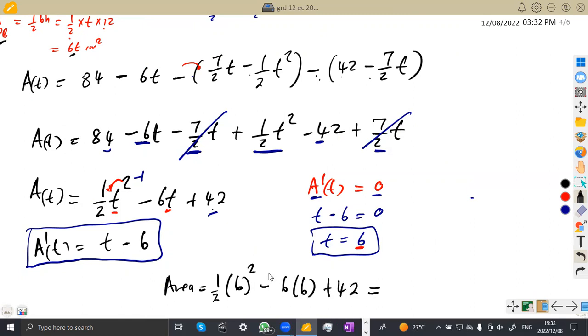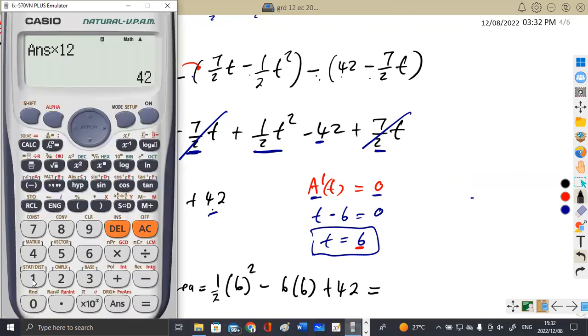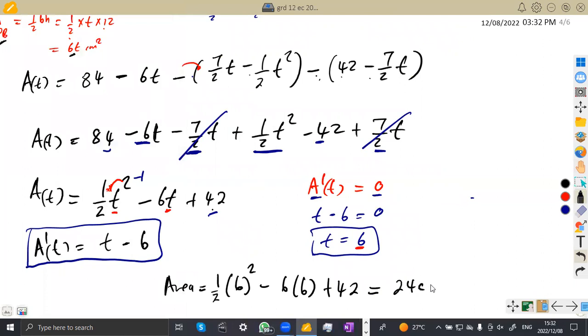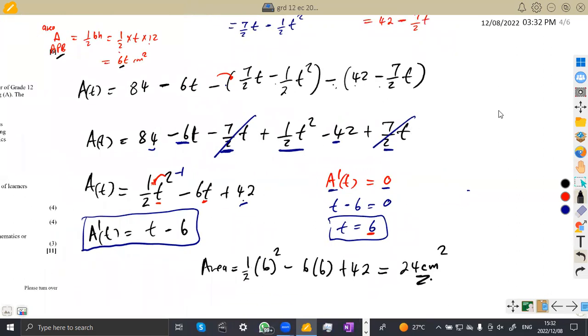This gives us the smallest possible area that we can have. So this is half of 6 to the exponent of 2, minus 6 by 6, plus 42. All right, we have got 24. So this is going to be 24 square centimeters. Remember, the units were in centimeters, so your area is going to be square centimeters.